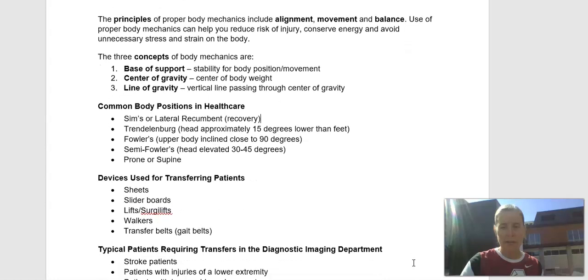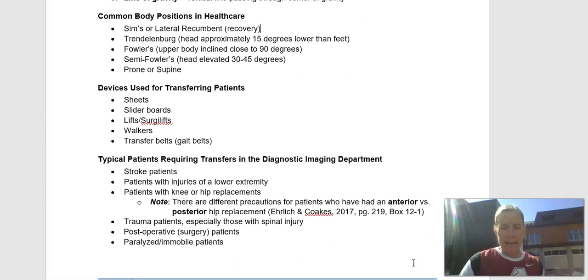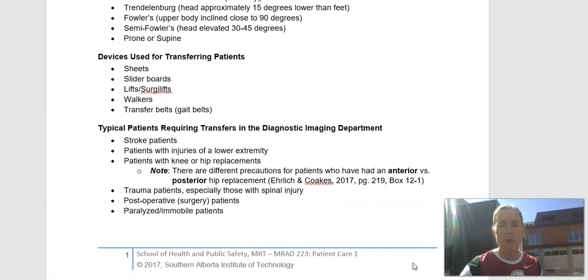When we are looking at the types of patients that will require transfers in the department, we're going to go into more detail about these types of patients, but an overview would be a stroke patient who's experienced some paralysis, perhaps a patient with a lower leg injury, so a fractured tib fib or knee or something along those lines. Then we have those patients who have had knee or hip replacements as well.